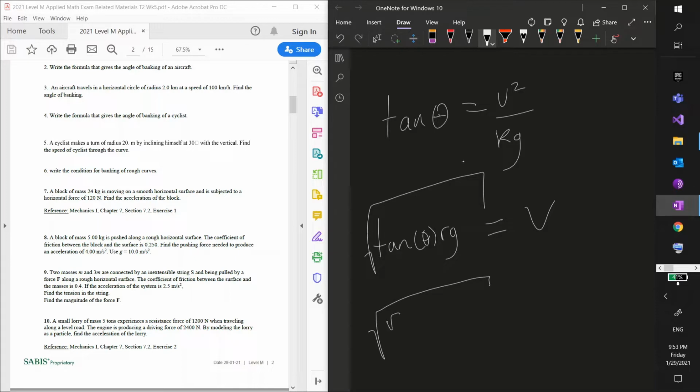Tan 30 is radical 3 over 3. r is 20, multiplied by 10, so 200. And your answer is going to be some, let's see, I have a calculator with me. So the answer is going to be 10.7456, and so on.